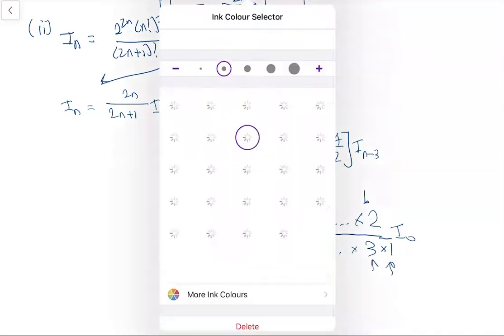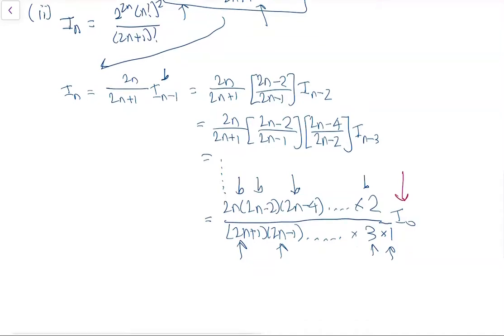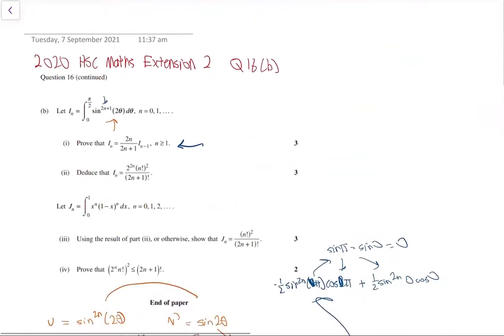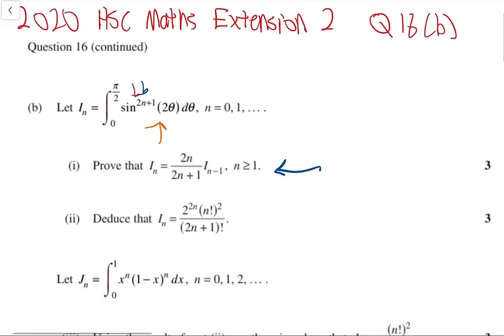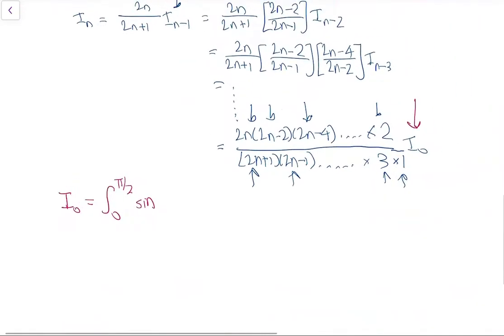Now we also have to find the value of I0, because there's no such thing as I negative 1, so we can't use the recurrence to find I0. You have to find I0 separately. I0 is equal to the integral of, if you put 0 here, 2n plus 1 is now equal to 1, so we have the integral of just sine 2 theta d theta.